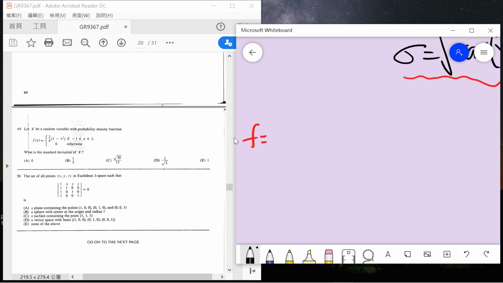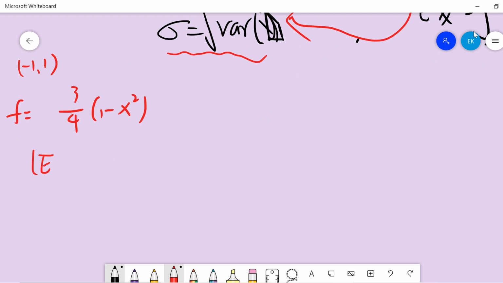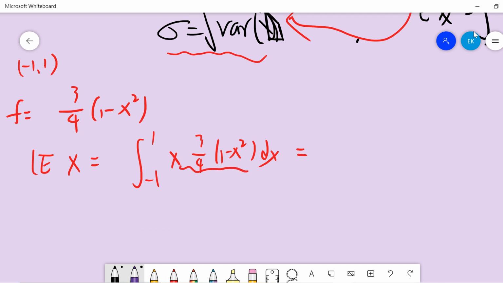So f is this one, and the region is -1 to 1. We first calculate the expectation value. I mean, you don't have to do the integral, right? Because this is an odd function, and this is -1 to 1.